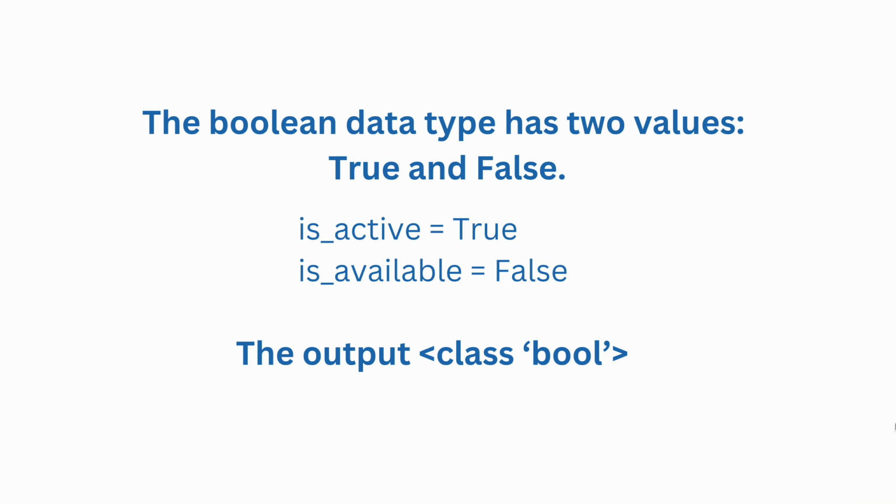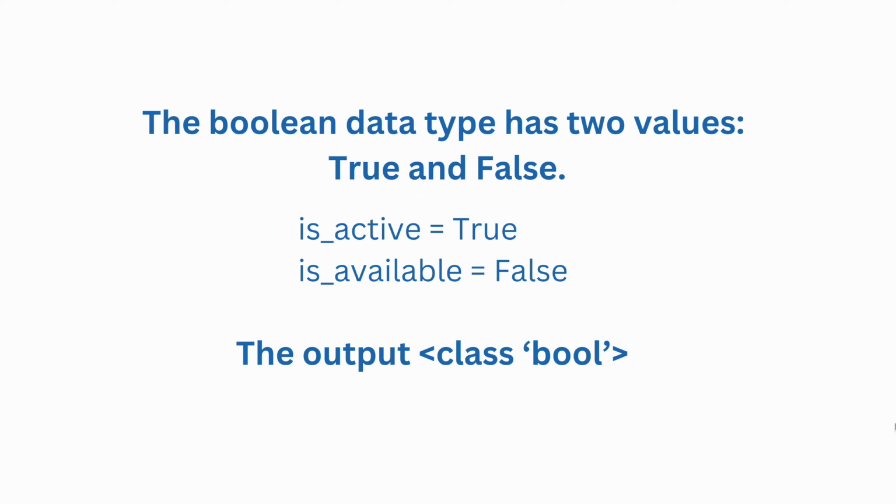I'm showing my presentation. Here it's written that the Boolean data type has two values, either true or false. If a variable is like is active, you can put true, or you can put the value false.